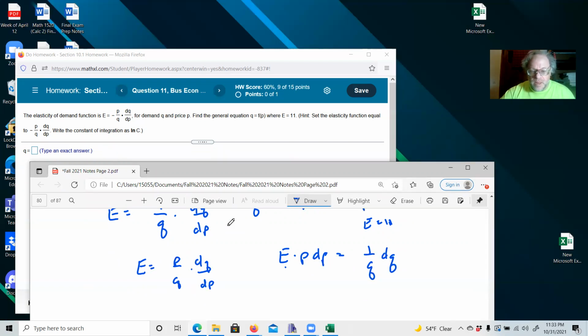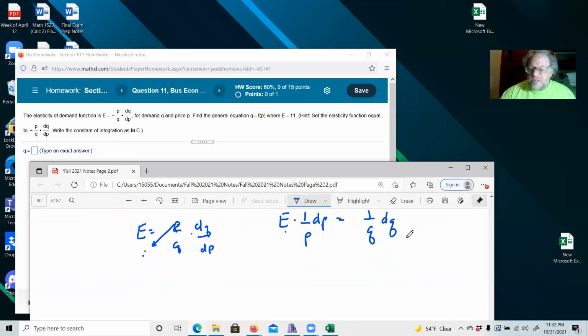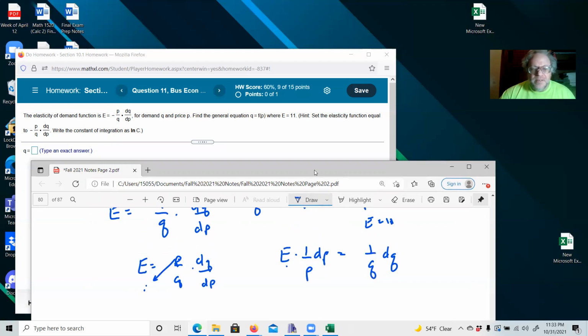Oh, no, we're not. We're going to say this is E over P, and this is 1 over P dP, because it was on the upstairs over here, and if I want to send it to the other side, it's going to go down there. So let's integrate both sides and see what happens.